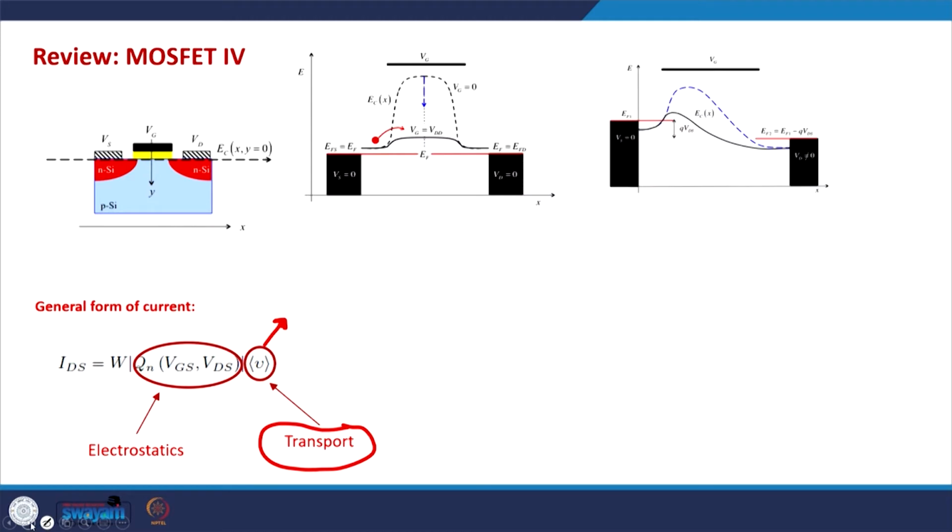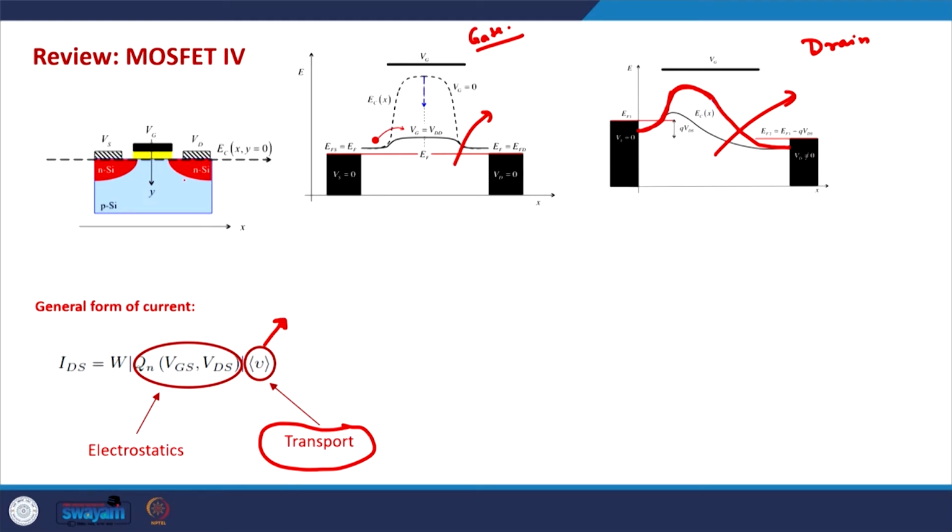With this we saw that on application of a gate voltage, this is how the barrier in the channel is changed, and on application of the drain voltage, this is how the barrier in the channel of the MOSFET looks. This barrier in the channel is due to the structure of the MOSFET, because we have N-type contacts and a P-type substrate.